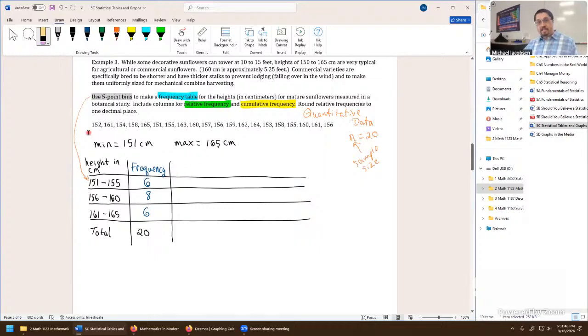But so far for the data set, we can answer a lot of questions about it. It looks like most observations are between 156 and 160 centimeters, and it's pretty symmetric. 6 more in this range, 6 more on the higher up range. Remember, for this context, being too small or too high are both problematic.